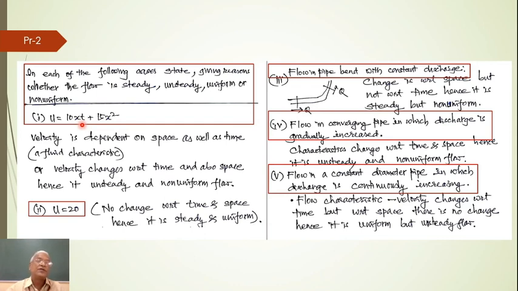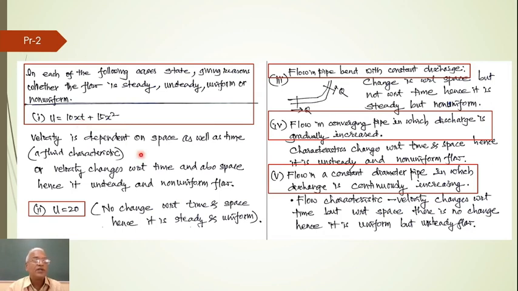As the space point changes, if you put x equal to 1, 2, 3 and go on putting the values, the expression u will give different values.